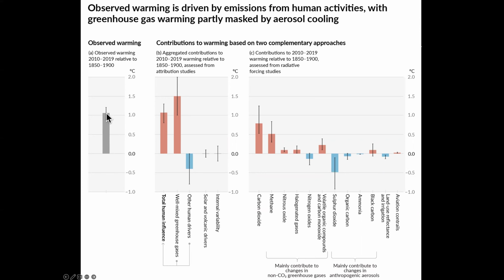You've already answered this question in a quiz. 1.09 degrees Celsius. There it is. And how much of that has been as a result of total human interference, well-mixed greenhouse gases, other human activities? When you add it all up, you get to this sort of gray bar here on the far left of the image.